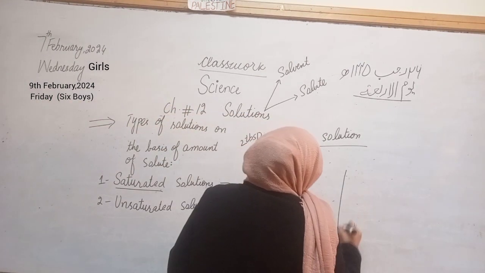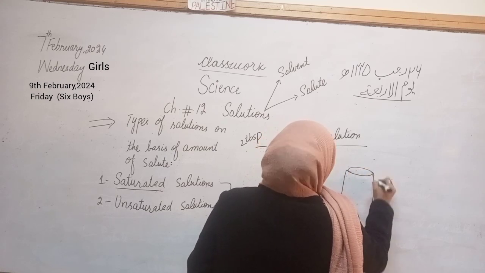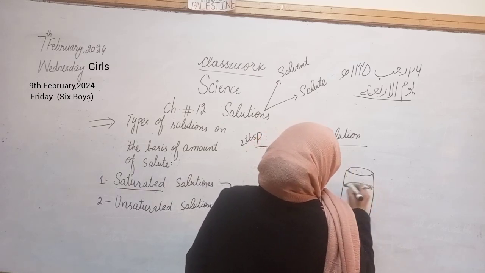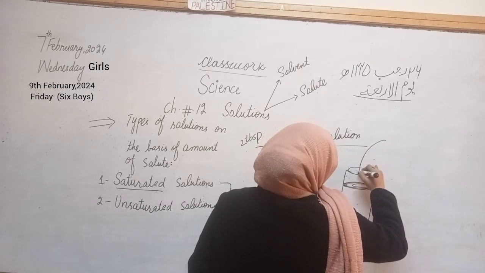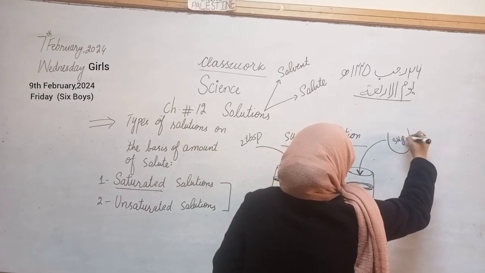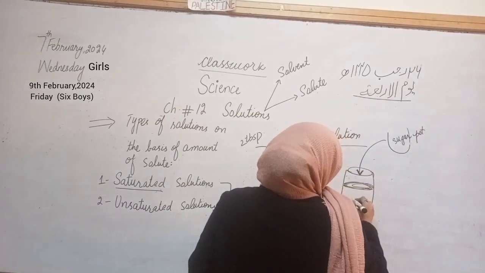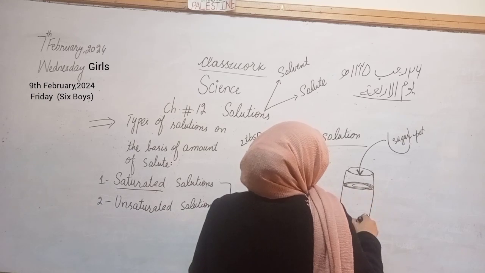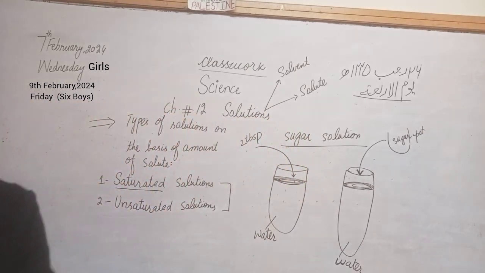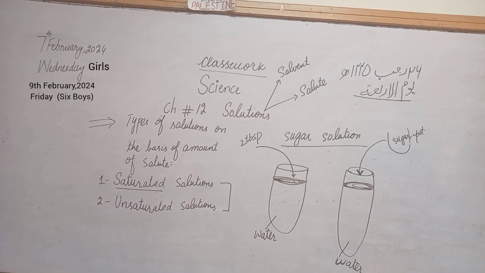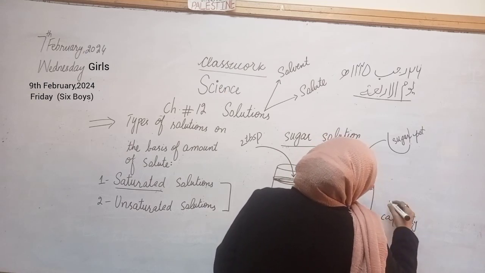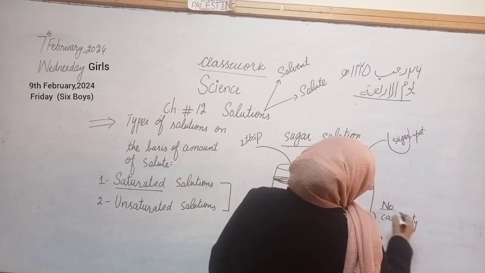And if we take a glass having the same amount of water, and we pour the whole sugar pod in water, we will mix these two components, and in this case there is a limit that has been reached because water does not have the capacity to dissolve more.